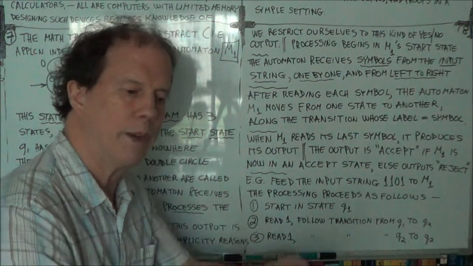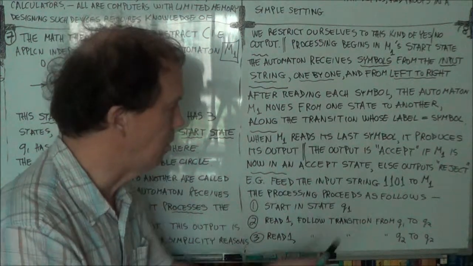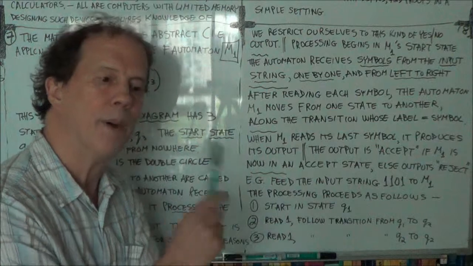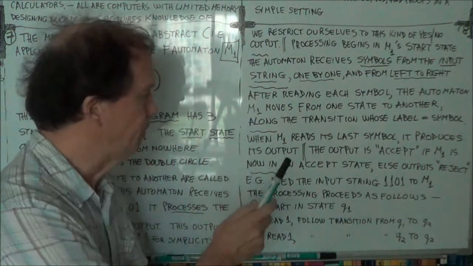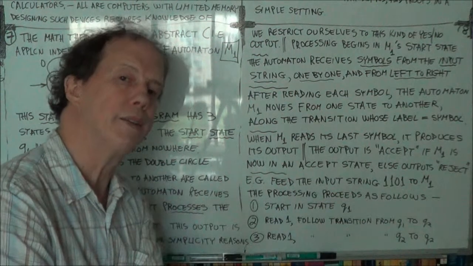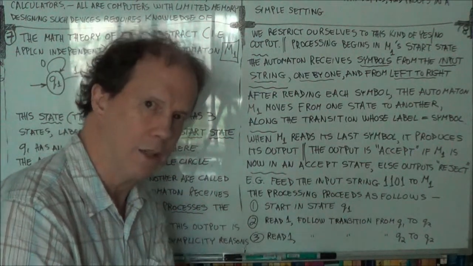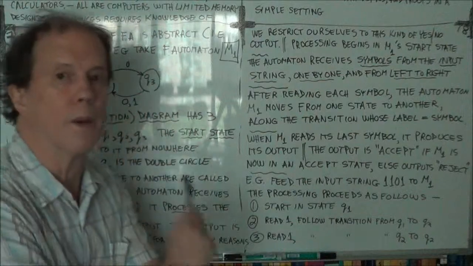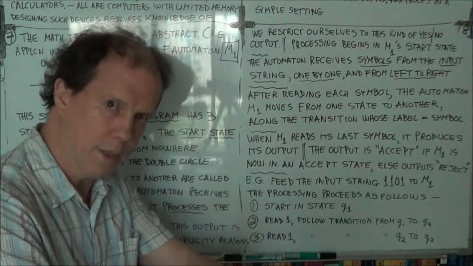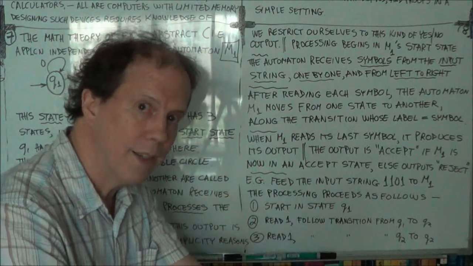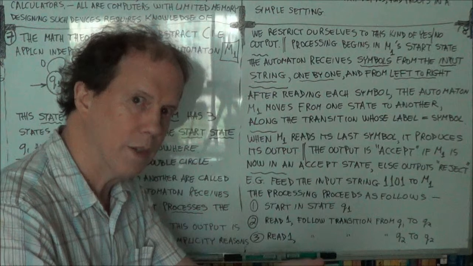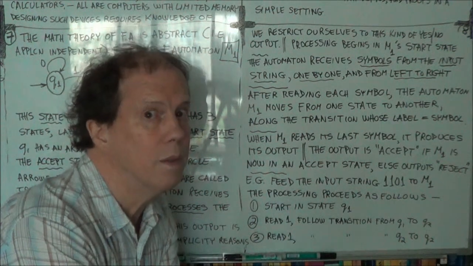So maybe there's a whole bunch of different input strings that get accepted by the automaton, and a whole bunch of other strings that get rejected. If you put the strings that get accepted in a set, you then have a set of strings. Does that ring a bell?